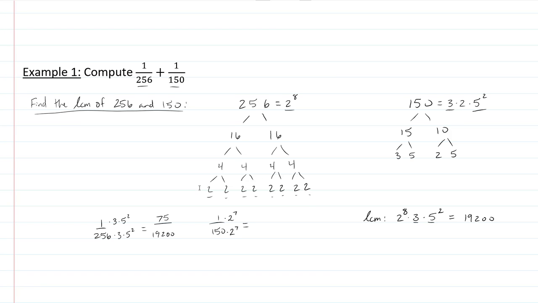So this ends up equaling 2 to the 7th is 896. Oh, I'm sorry. It's not 896. 2 to the 7th is 128. And 150 times 2 to the 7th is 19,200.